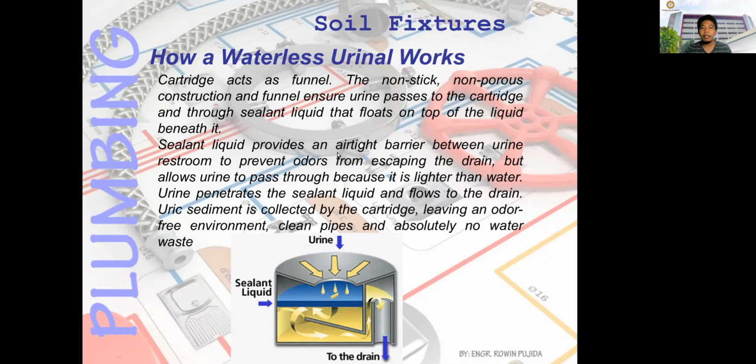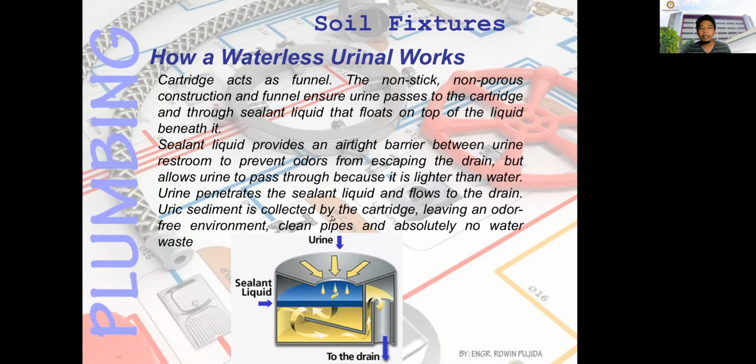The sealant liquid provides an airtight barrier between urine and restroom to prevent odor from escaping the drain. So this is also called the trap seal, but it allows urine to pass through because it is lighter than water. So urine penetrates the sealant liquid and flows to the drain.